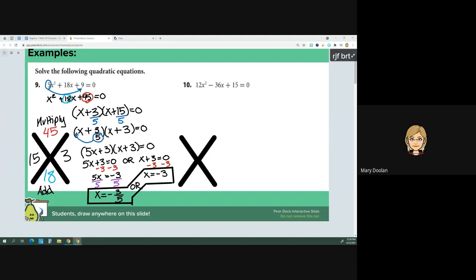Sometimes you would notice there is a GCF, a common factor. And I do happen to have one here, because 12, 36, and 15, what number are they all divisible by?